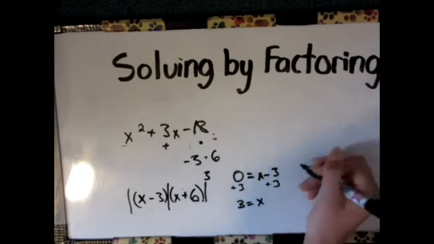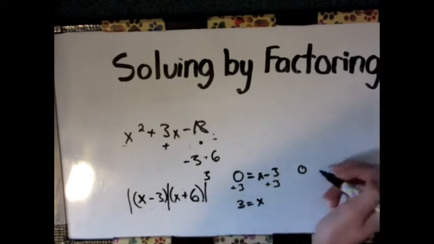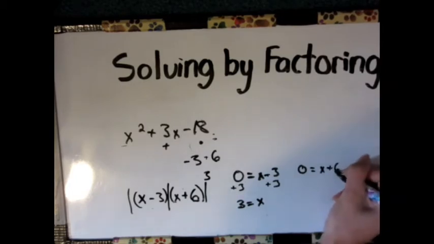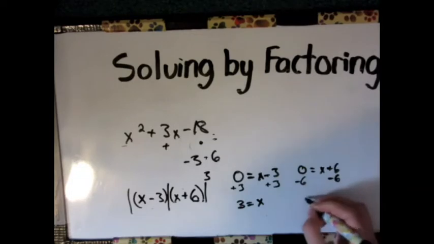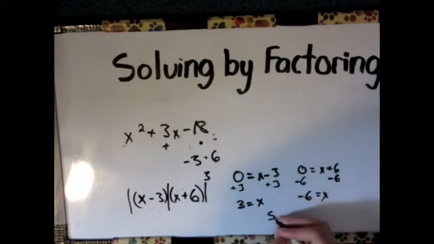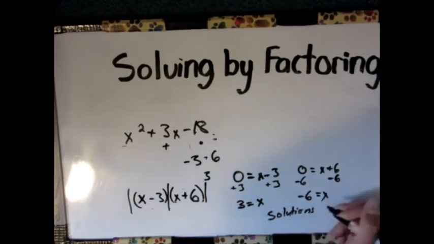Do the same to the other parentheses: 0 equals x plus 6, minus 6 on both sides, and you get negative 6 equals x. So the solutions are 3 and negative 6.